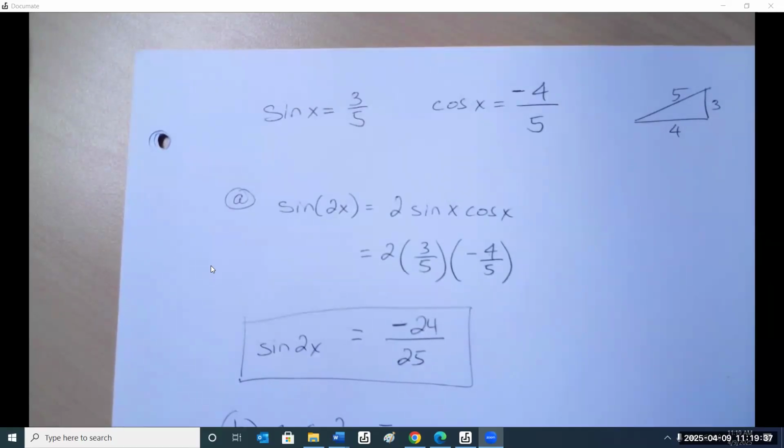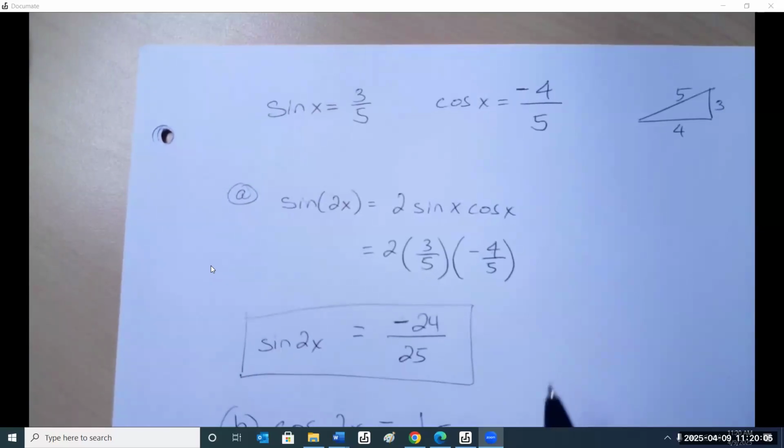Which formula do you think you'll be using for cosine? Why would we use that? Yes, we already have the sine, so we use the 1 minus 2 sine squared x.